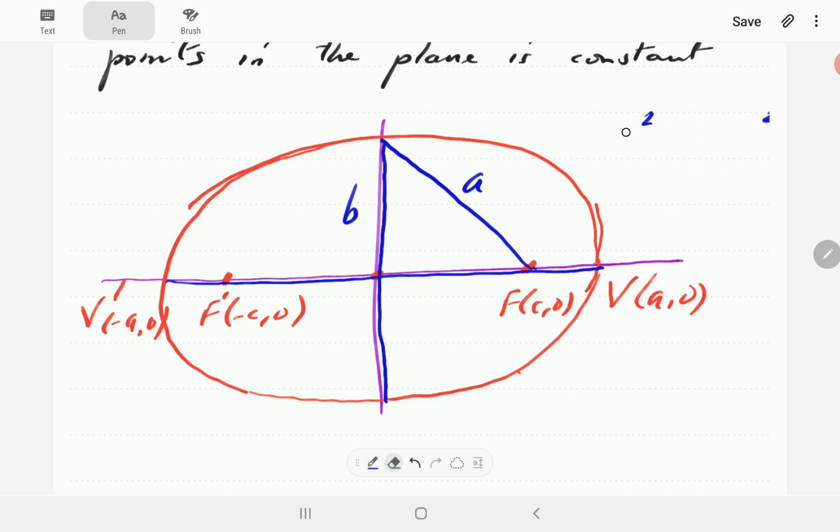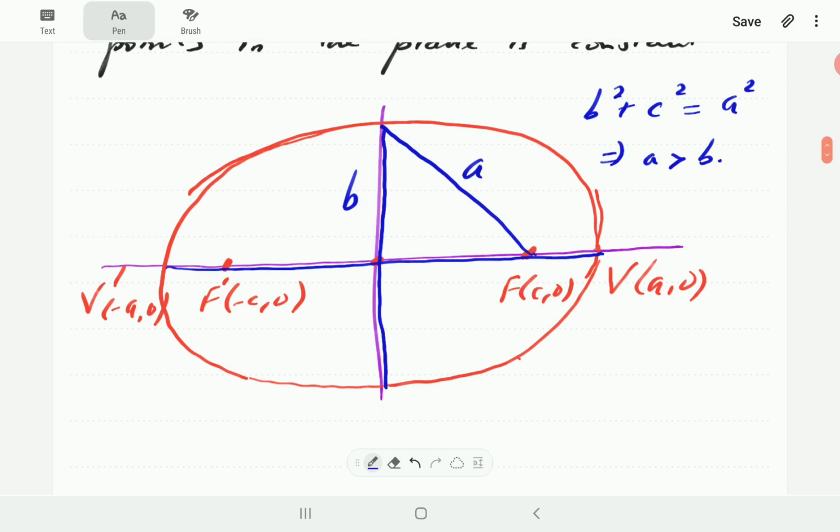Something else we can deduce from this relationship is that a squared is always going to be bigger than b squared, because in order to get a squared, you add c squared to b squared. So a is always bigger than b.